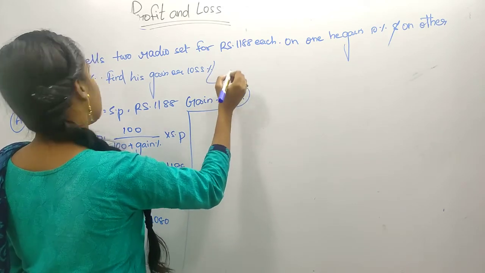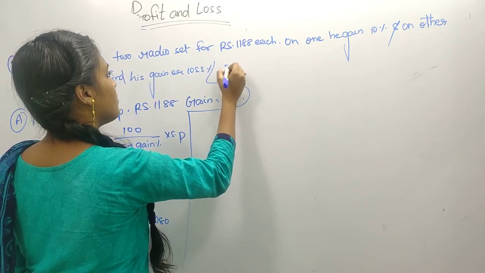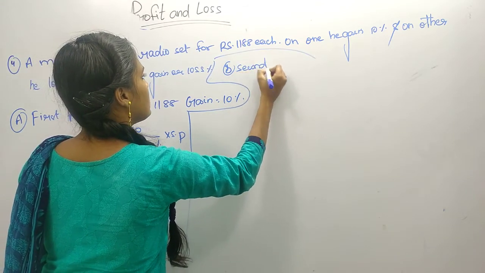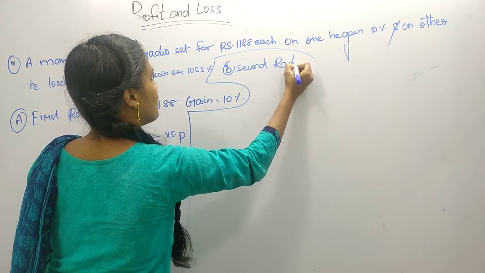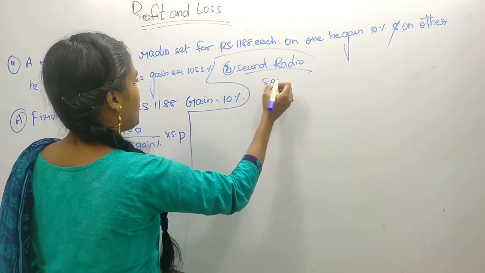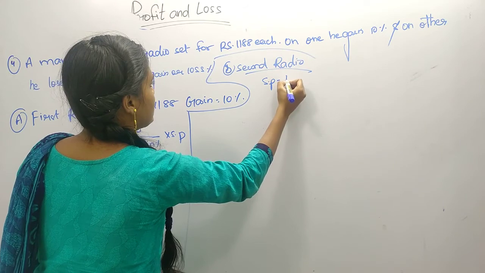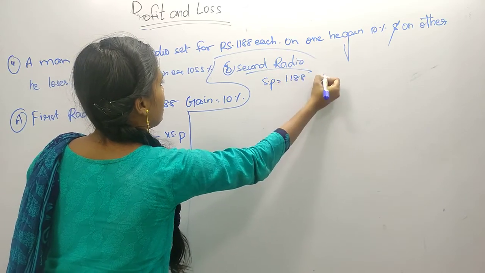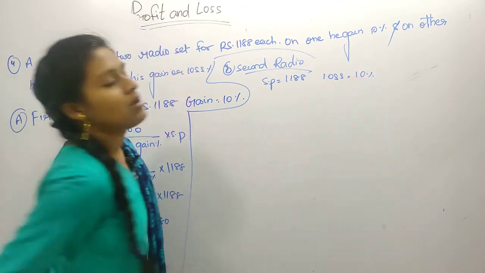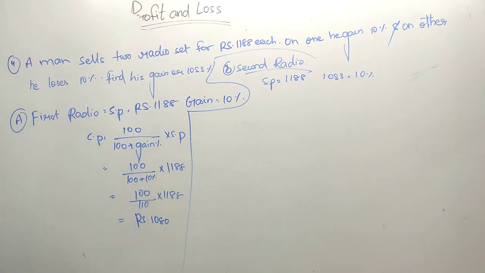Okay. Now first radio we find out. Now we'll find out second radio. What is given second radio? SP also same. At the same rate he sold both. SP is equals to 1188. Loss how much? 10%. Now we will directly find out cost price.